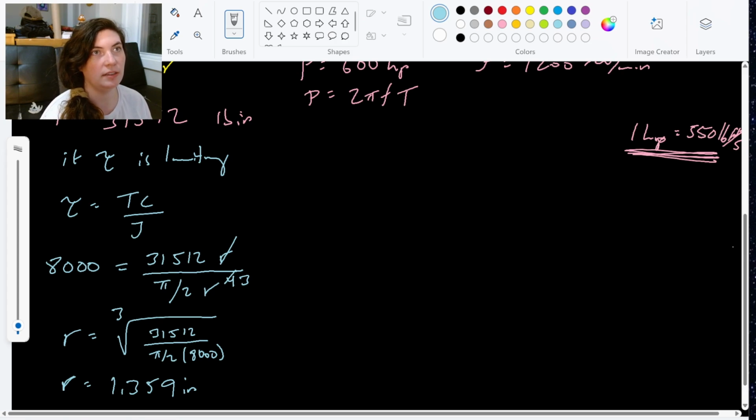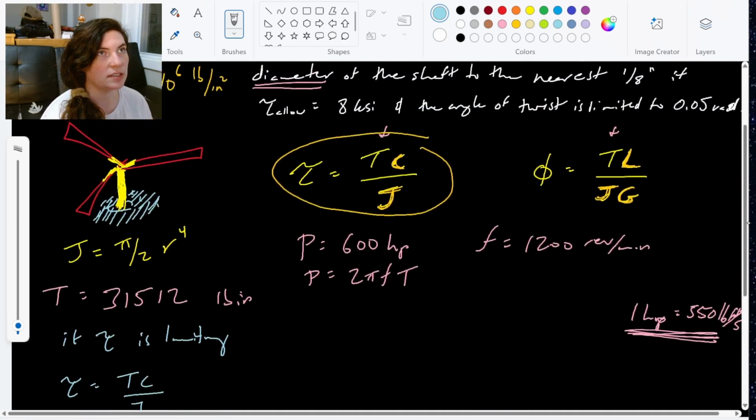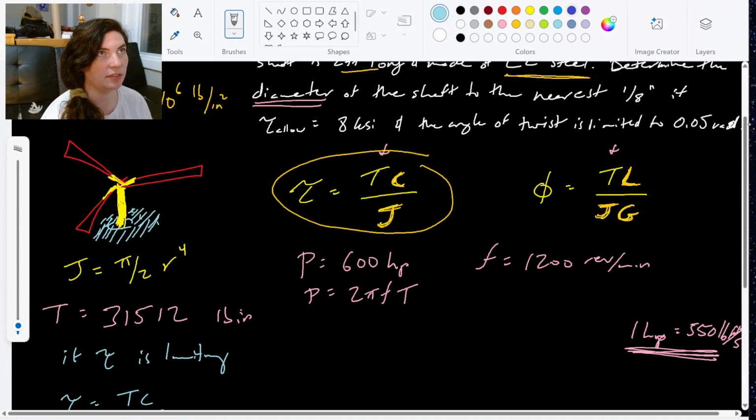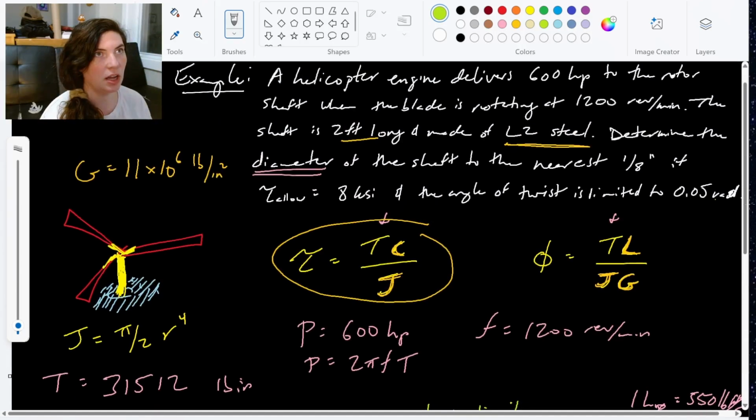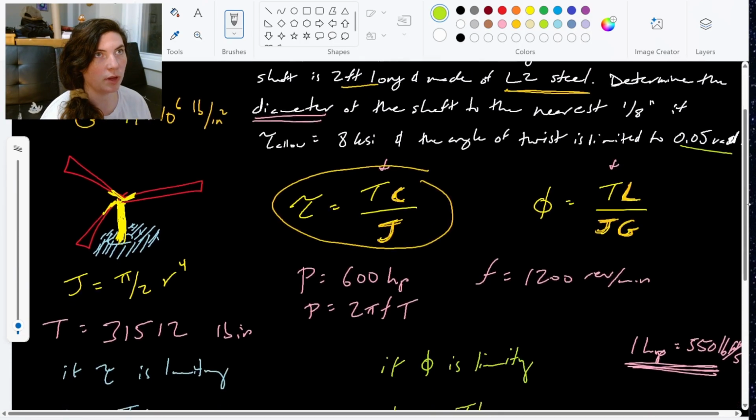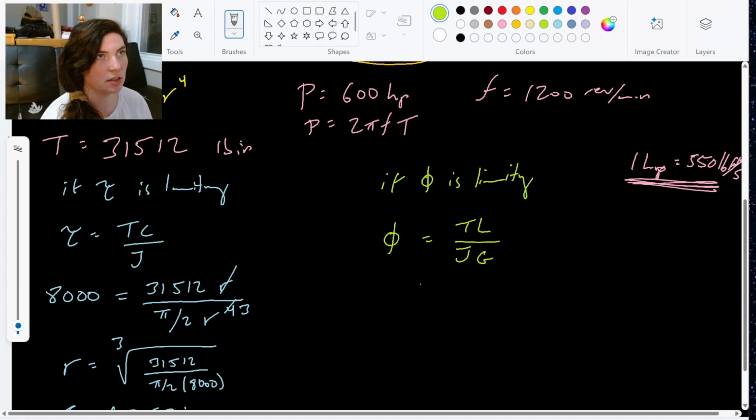But for now, let's leave it and let's look for the other case, the other limiting factor, if the angle of twist is limiting. Here we have our angle of twist is torque times length over polar moment of inertia times shear modulus of elasticity. Our angle of twist they gave us is 0.05 radians.